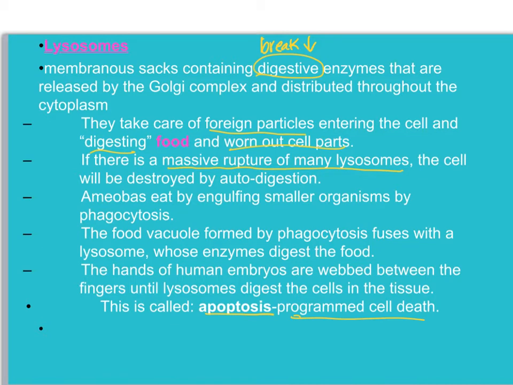If you've ever seen anyone with webbed fingers or webbed toes, they didn't have as much lysosome digestion in the embryonic stage. At one point, my baby would have had webbed hands and webbed feet and webbed neck.